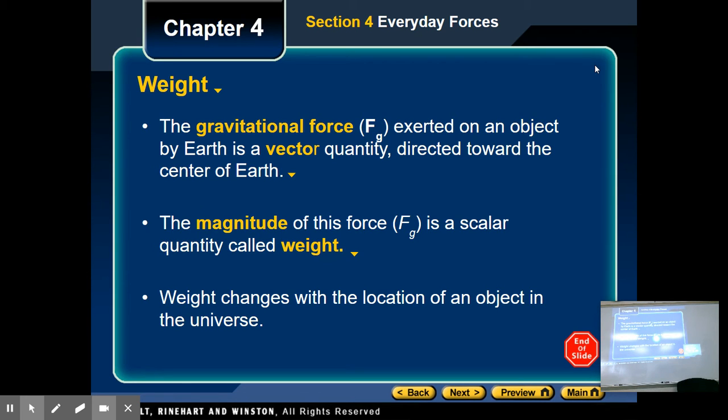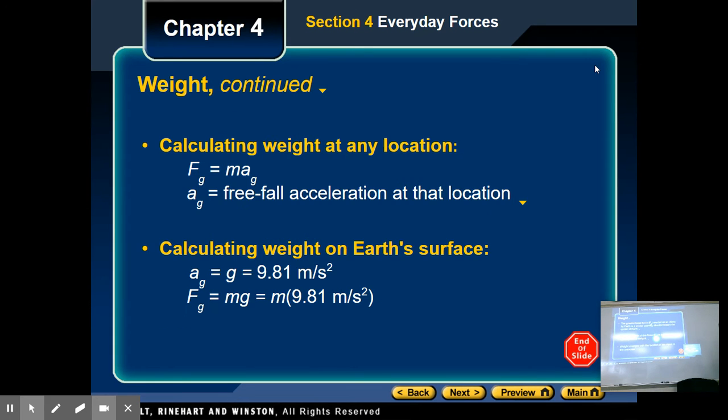And that location is going to determine what your gravitational acceleration is going to be. That's really what the difference between mass and weight is. Weight is a vector quantity, and the magnitude of the force is a scalar quantity. It's called weight, used to calculate weight at any location.